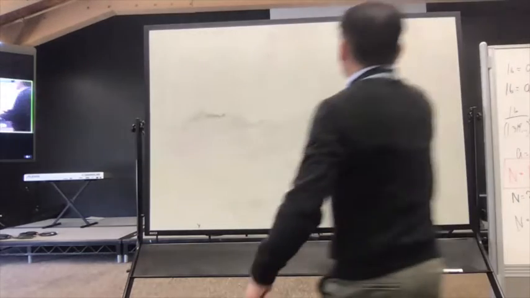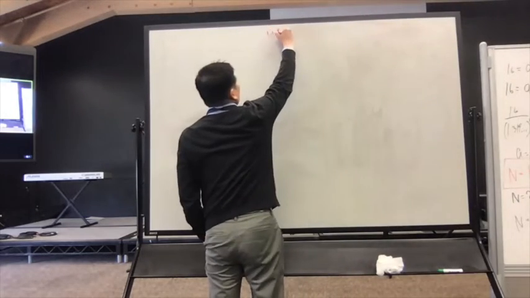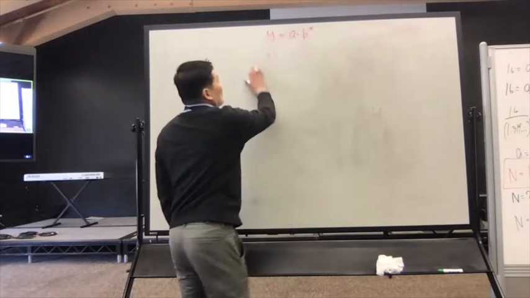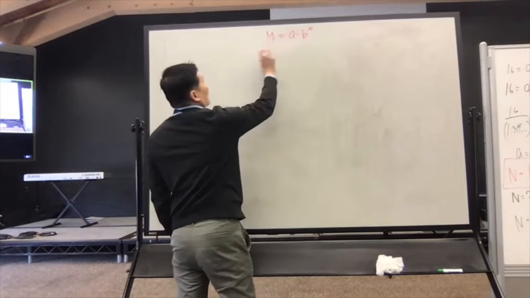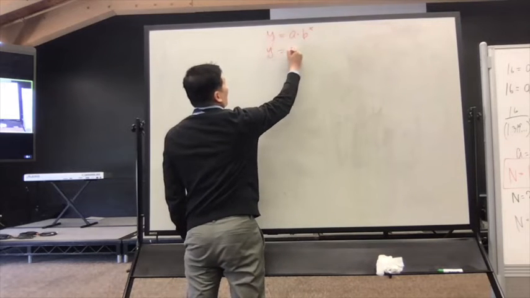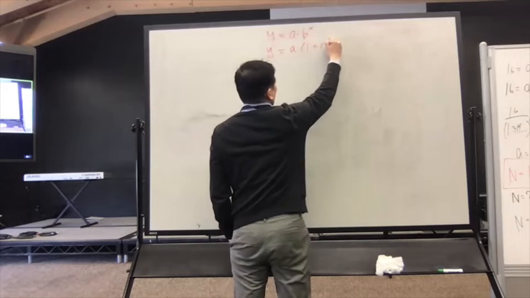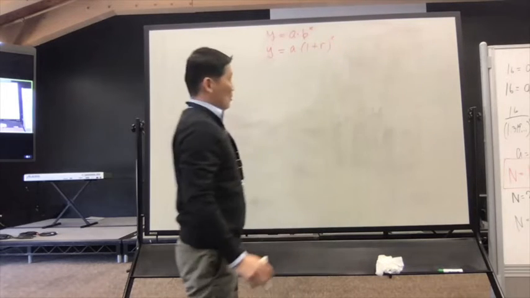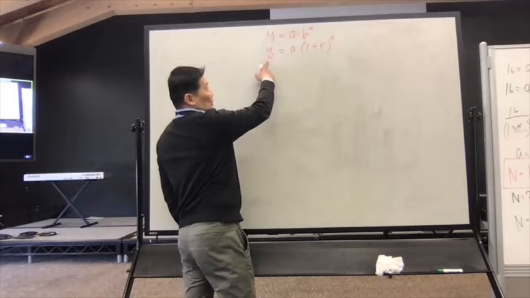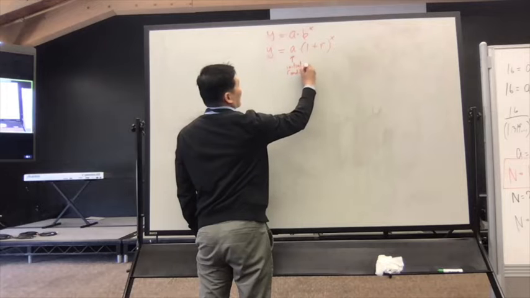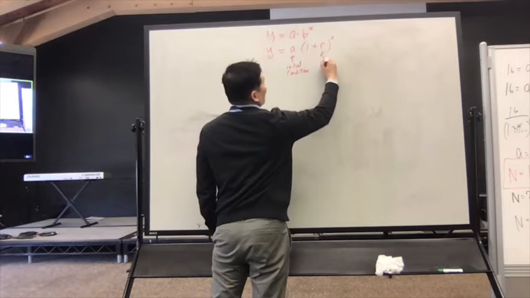The general form again: y is equal to A times B to the x. But we can also look at it as y is equal to A times (1 plus R) to the x power. Obviously, x is the variable, A is the initial condition, and R is the rate.